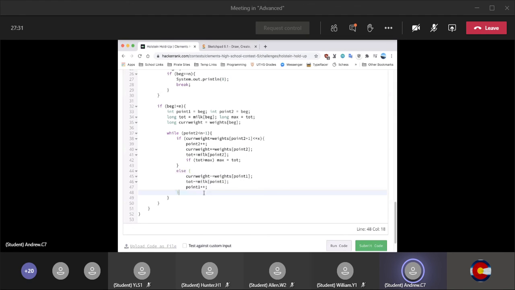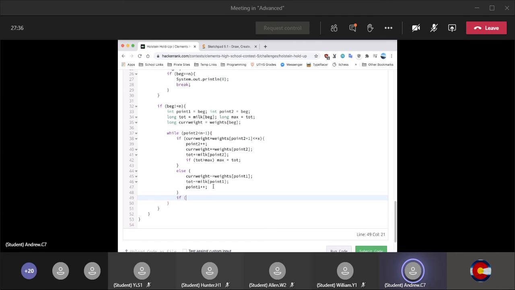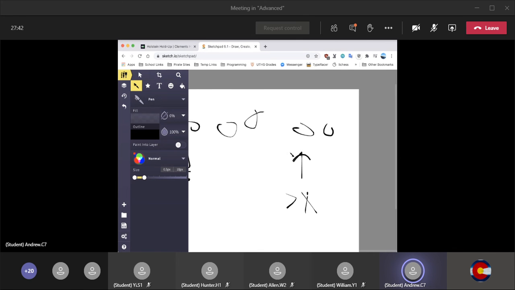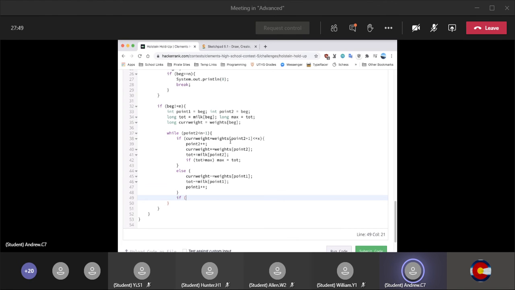So basically what we would do is, in this case point 1 would actually be greater than point 2, because point 1 would be over here and point 2 would be over here, to represent that there are 0 cows in there. Because if point 1 and point 2 are equal, that represents 1 cow.